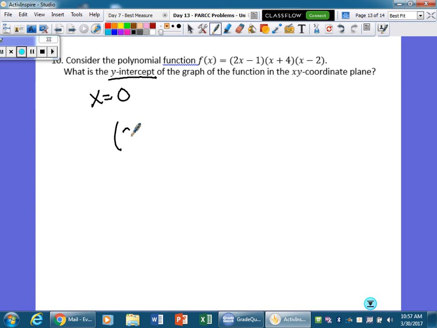So I'm going to have 2 times 0 minus 1, and then 0 plus 4, and then 0 minus 2. I'll give you a hint, it's not 0 as your answer. So you're going to solve this. This is actually a non-calculator problem, so see if you can do it without using a calculator and come up with the answer.